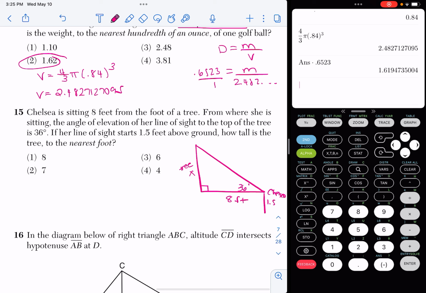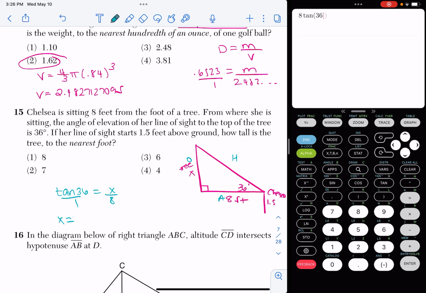So let's call this side of the triangle X, and I'm going to use tangent here, because if I label opposite, adjacent, hypotenuse, tangent of 36 is equal to X over 8. Cross multiply, so I have 8 times tangent 36, and that's 5.812340224.